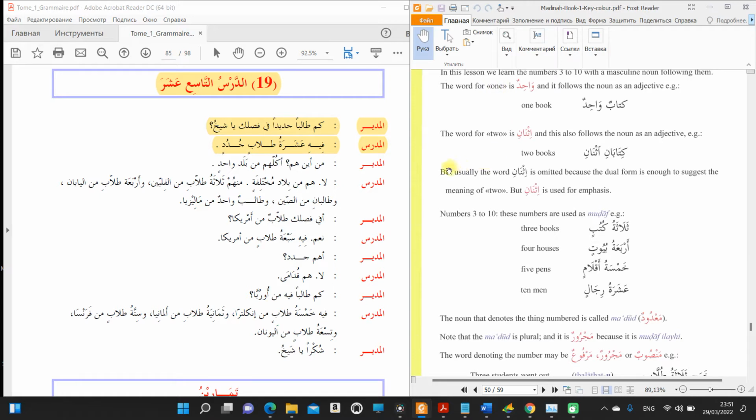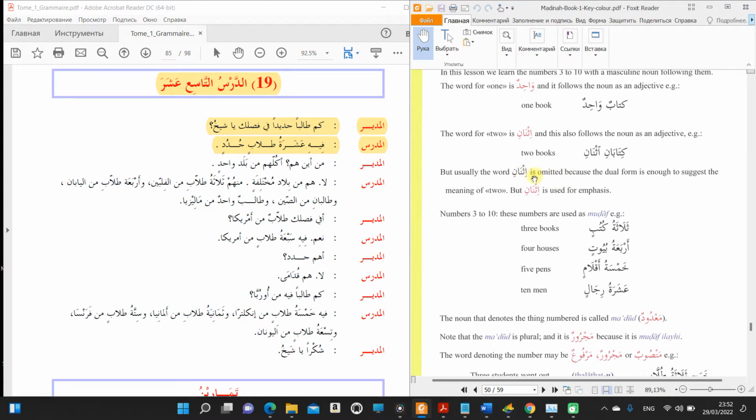There is an important note that usually the word ithnani is omitted because the dual form of the word, kitabani, it's not just kitab, it's kitabani, takes the dual form, and it's enough to suggest the meaning of two. So you already know that kitabani takes the form of the dual number, and therefore it's two books, and that's why ithnani is usually omitted.